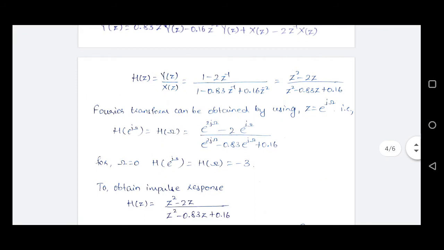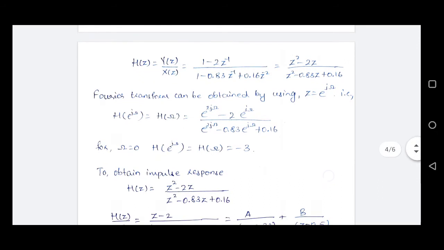Now the Fourier transform can be obtained from the z transform by using z equals e to the power j omega. So in place of z in the above transfer function, we'll substitute e to the power j omega. After substituting, the Fourier transform can be written as H of e to the power j omega, or its equivalent notation H of omega.